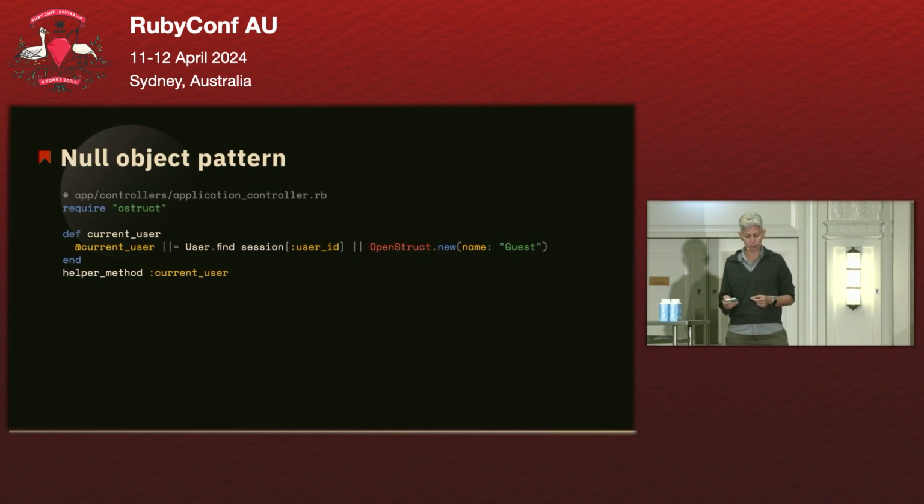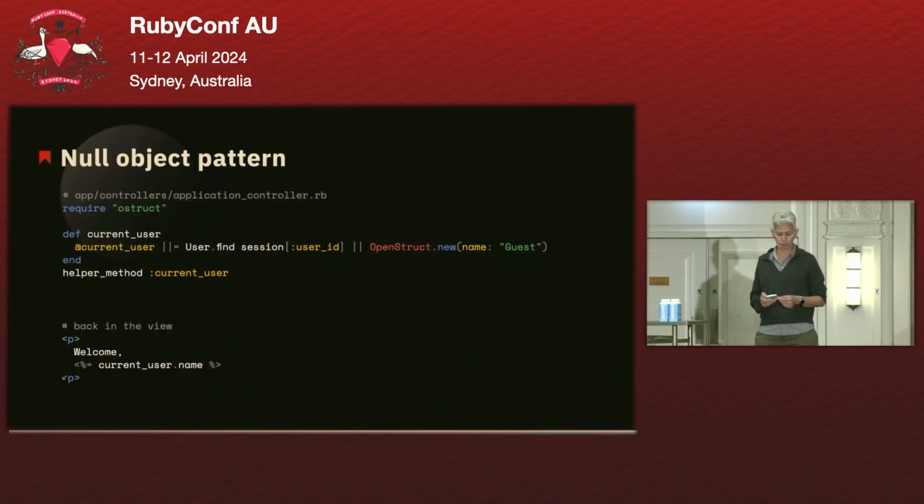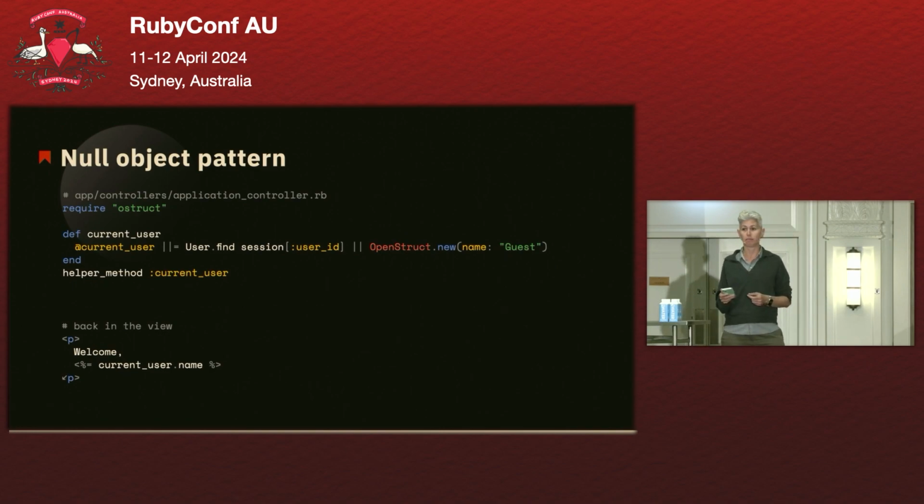I'm not a big fan of using OpenStruct too often, but it depends on the situation. In the view, I can just do welcome current user.name and remove that conditional from my view.